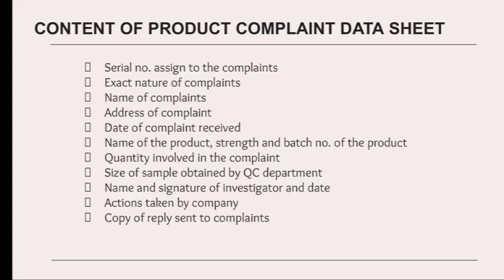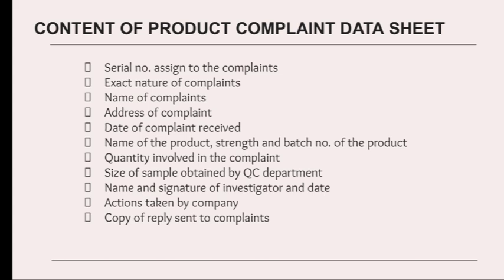Further, content of the product complaint data sheet. Firstly, the serial number assigned to the complaint. Second, exact nature of the complaint. Third, name of the complainant. Fourth, address of the complainant. Fifth, date the complaint was received. Sixth, name of the product, strength and batch number.